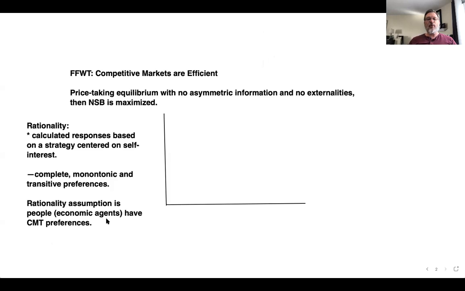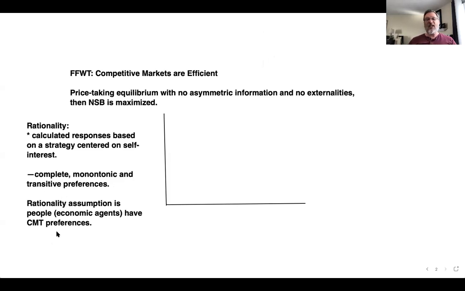Now, rationality means people have CMT preferences, and we're going to talk a little more about what complete, monotonic, and transitive preferences actually mean in our next unit for this course, which is about consumer behavior and utility maximization.